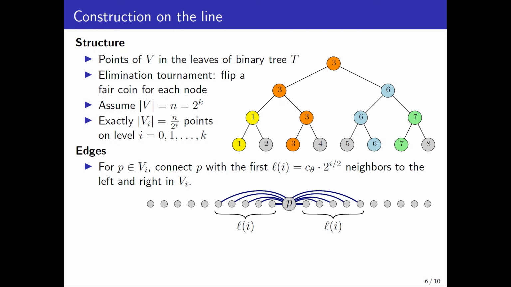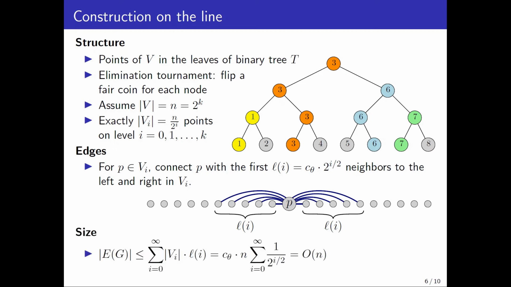So that's the construction. We can easily analyze the number of edges that this graph has, because we know the number of vertices on certain levels, and we also have a bound on the degree of each node in each level. So we can simply sum up and get a geometric sum and linear size. So that's a really simple analysis and construction as well.